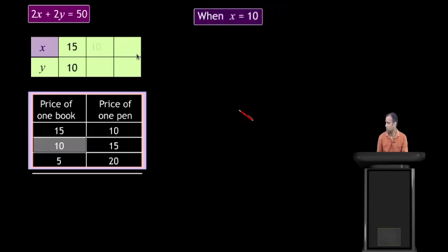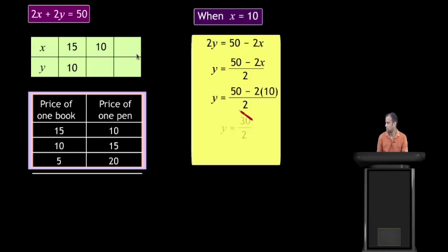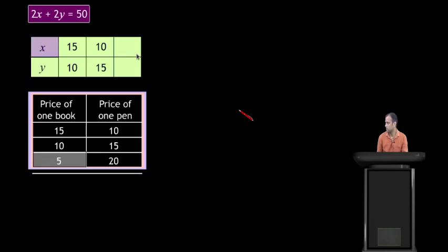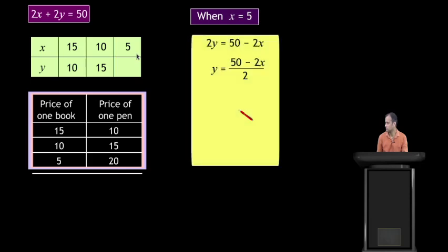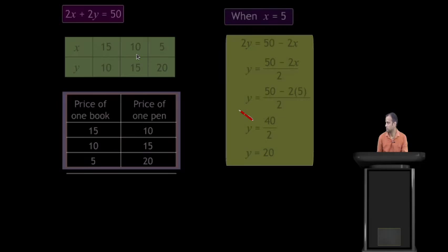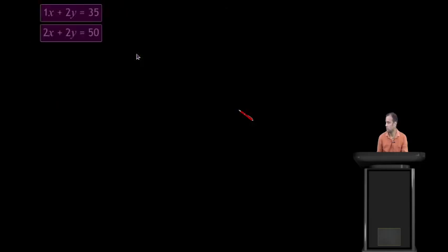Same as when x equals 10, then we have y equals 15, and last one when x equals 5, then we have y equals 20. So these are the points, and now we can draw the graph of both the equations.